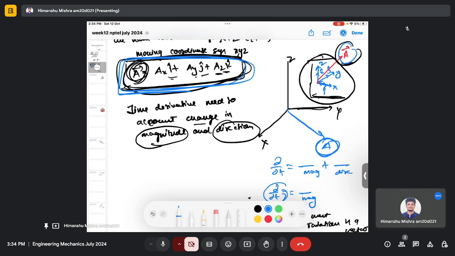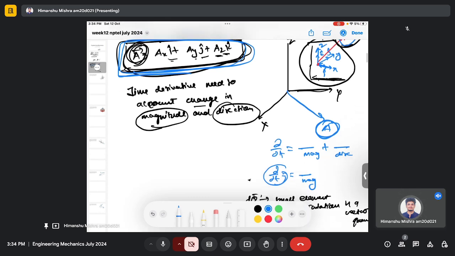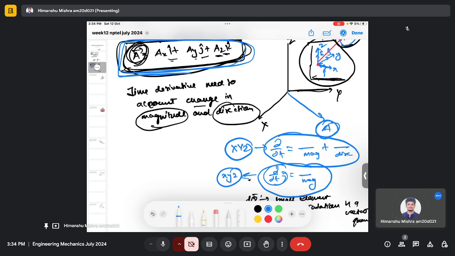simultaneously. So if you define the vector A in the small xyz or moving frame, this is the time derivative. But if you define the vector A in the fixed frame, then this is the time derivative, right?